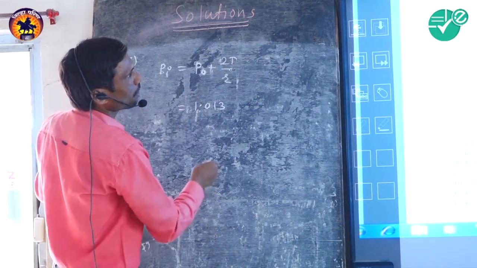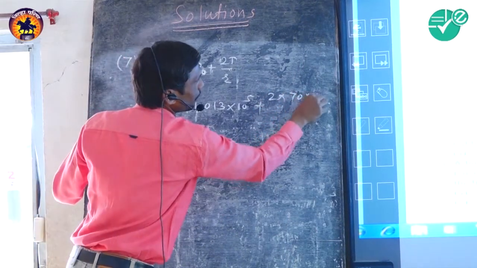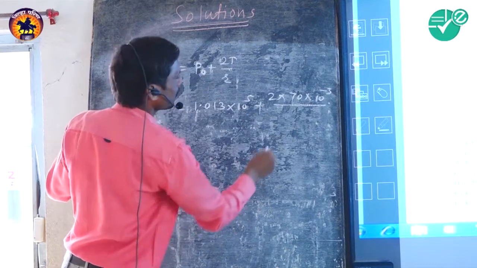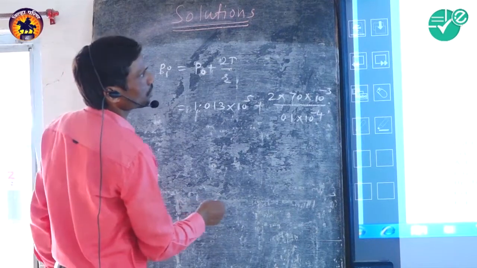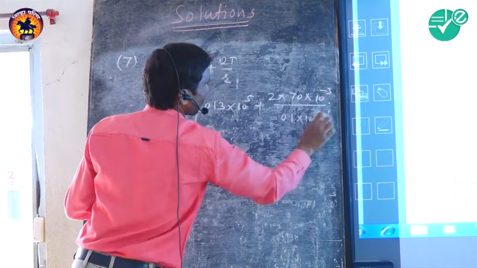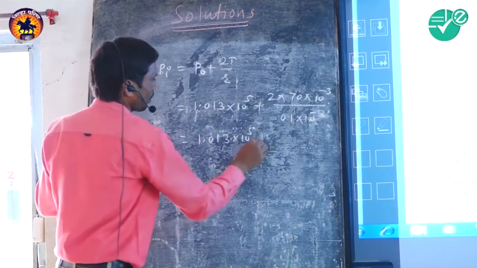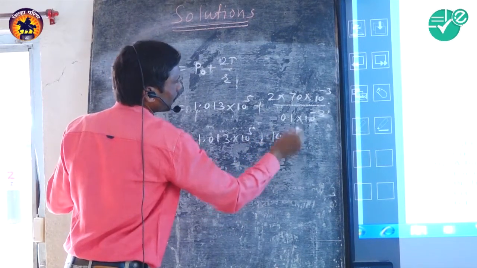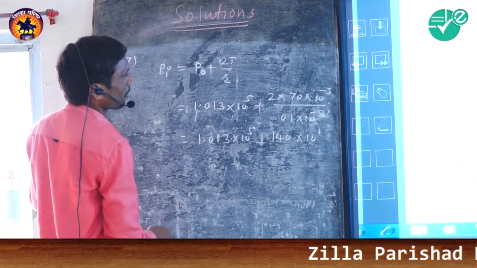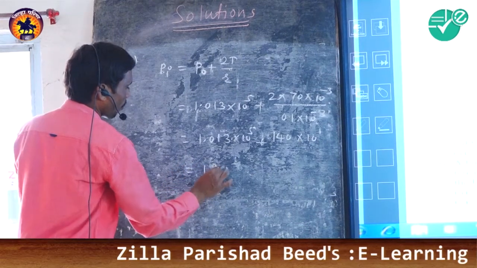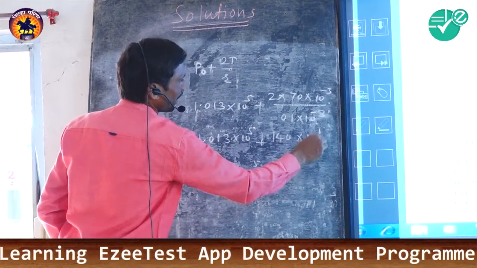So here the pressure inside that air bubble, that is atmospheric pressure plus excess pressure, and that is 1.013 into 10 raised to 5 plus twice into surface tension, that is 70 into 10 raised to minus 3 divided by R is given here 0.1 into 10 raised to minus 4, and therefore 10 raised to minus 3, and therefore it is 1.013 into 10 raised to 5 plus it is 140 into 10 raised to minus 4, but shifting it to numerator we get 10 raised to 1, and that is equal to 1.013 into 10 raised to 5 plus it is 140 into 10.